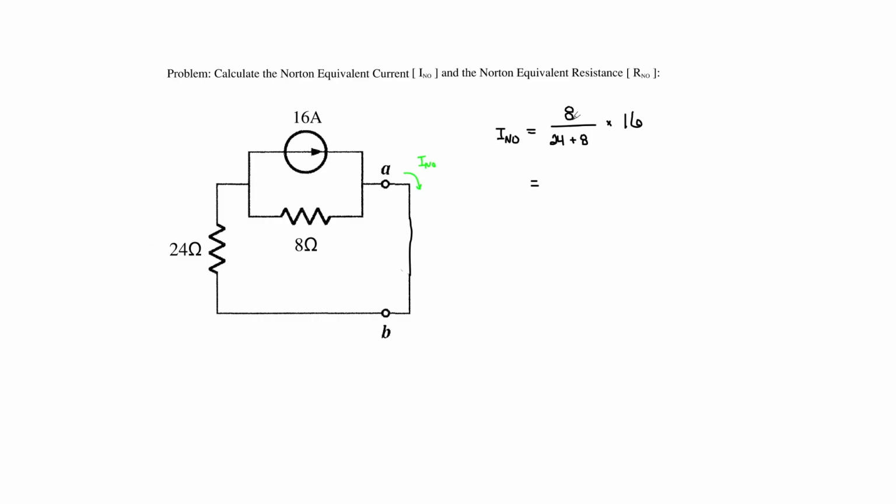Solving and simplifying, our term here is equal to 1 over 4, multiplied by 16 gives us an I_N of 4 amps.